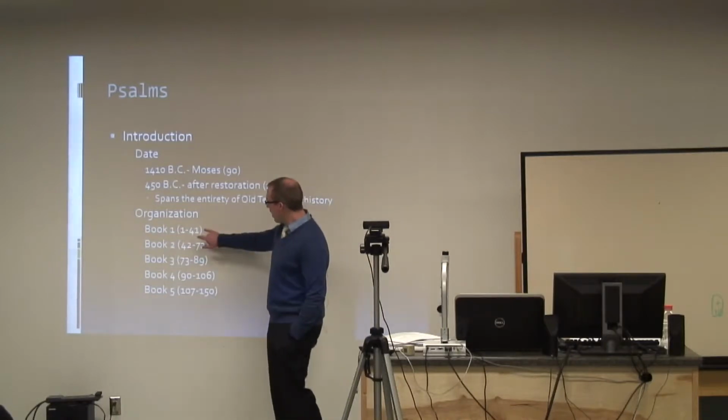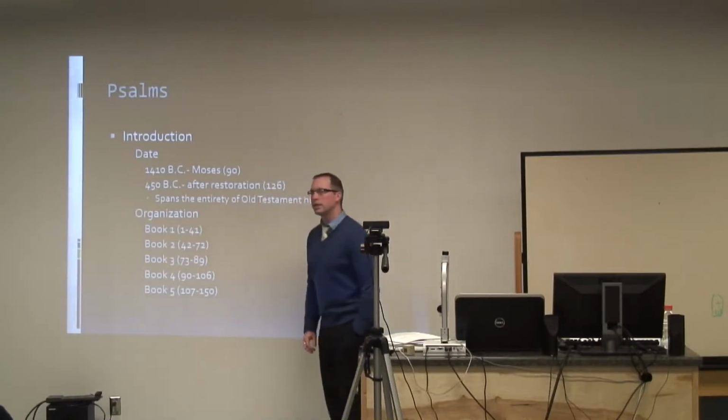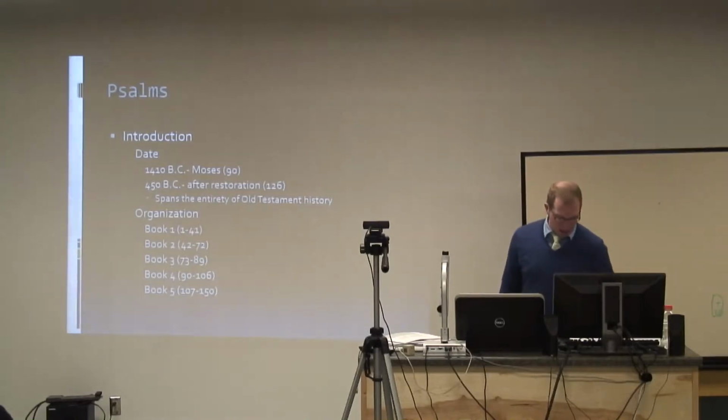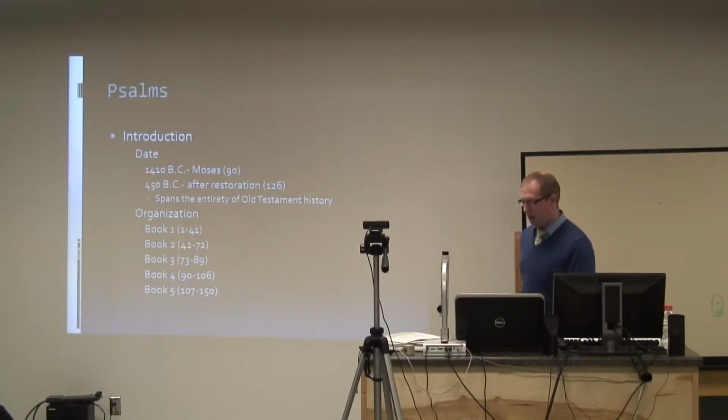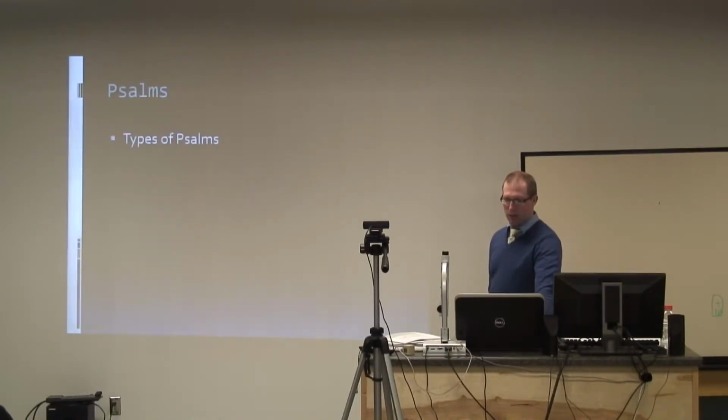And then there's some thought book 1 is primarily Davidic, and then the seam Psalms are also generally Davidic Psalms or about David or the Messianic line. So there's actually a fair bit of study going on as to how books 1 through 5 are related. If you're interested, there's literature out there to do some reading on those.